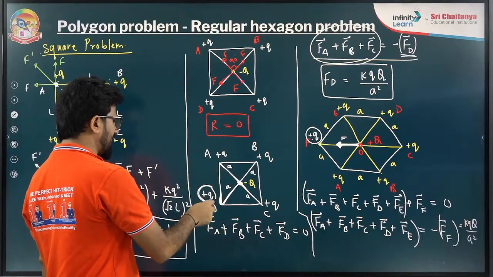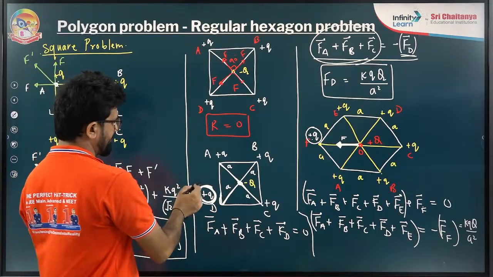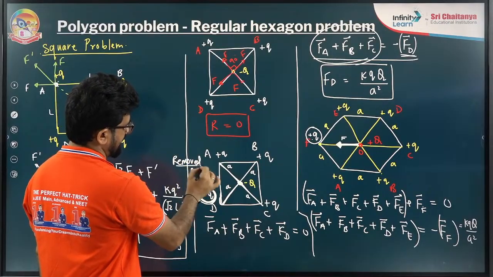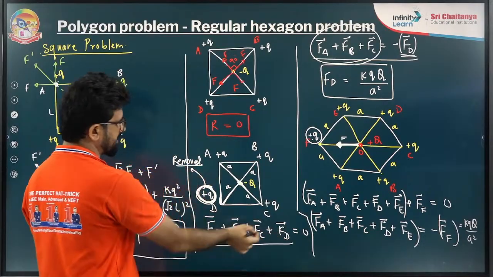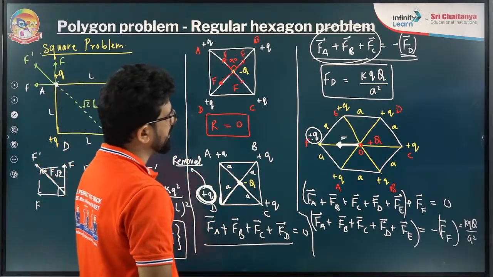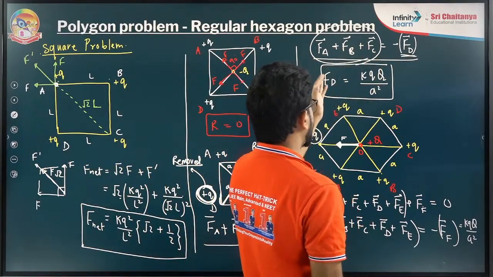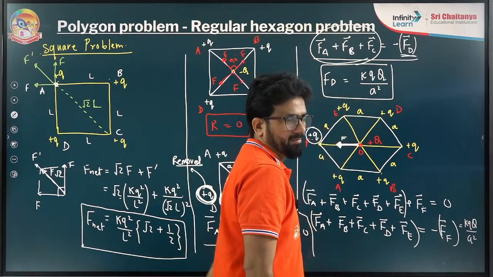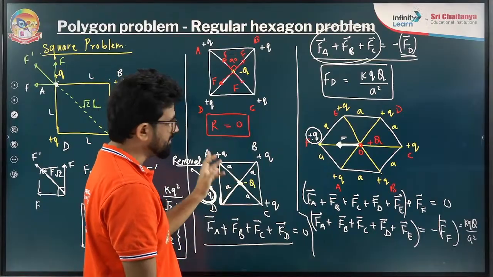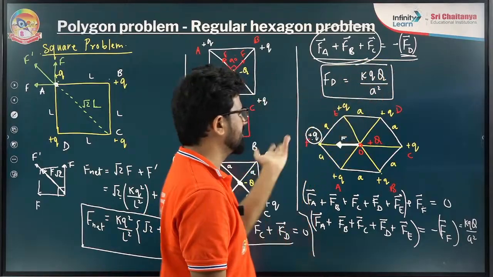If I remove this charge Q, then what was happening? We write the net force at the center is equal to 0 if all are present, but if this charge is removed, then Fa plus Fb plus Fc is equal to minus Fd, and that Fd is equal to kqq by a square. Very simple. That is the force due to one charge only. This is the removed charge, because that is equal to Fd only, and the Fd answer you already know.